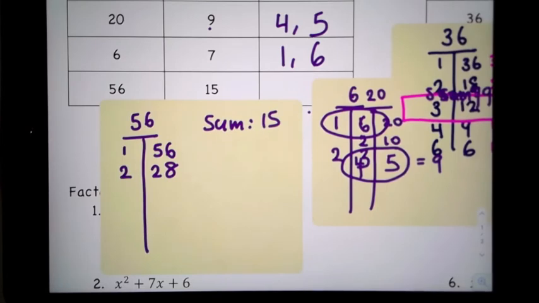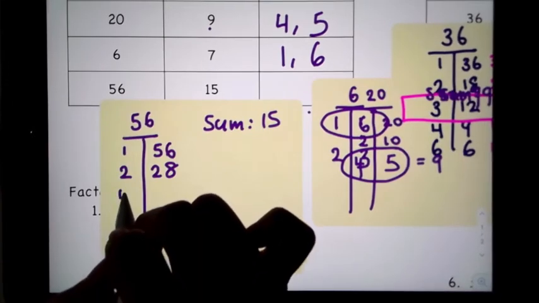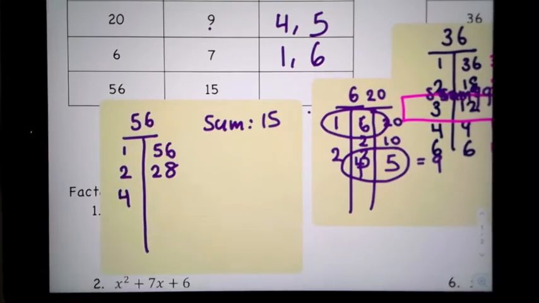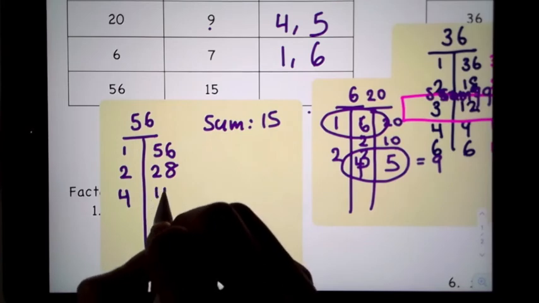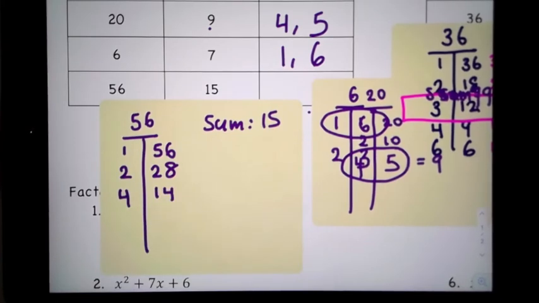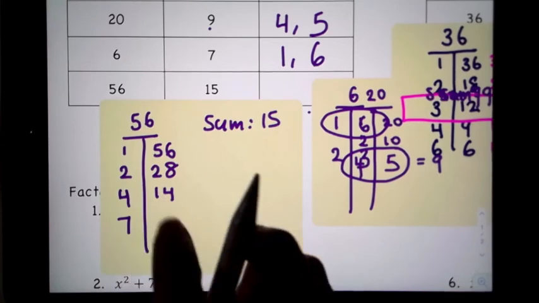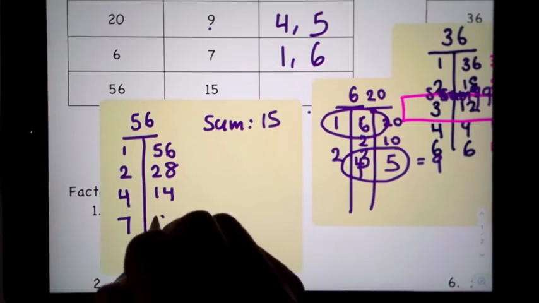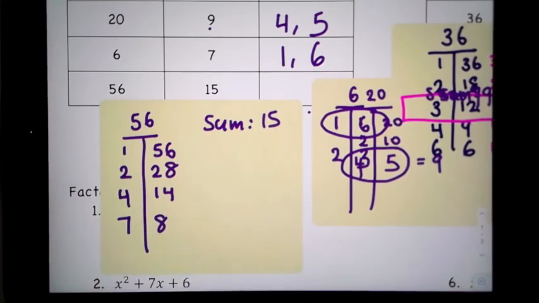And then what about 3? 3 does not work. And 4 works. 56 divided by 4, then you get 14, right? And 5 does not work. 6 does not work. 7 and 8, right? And you found it.